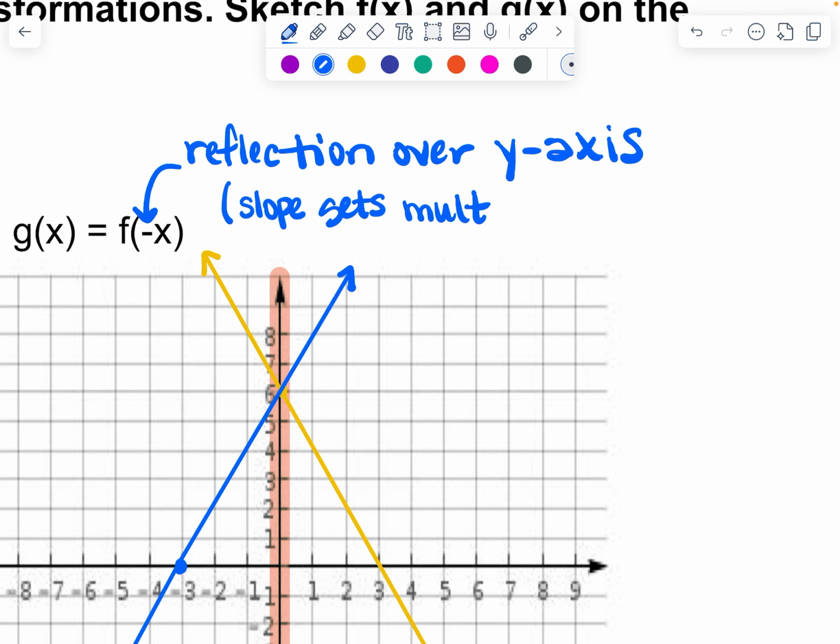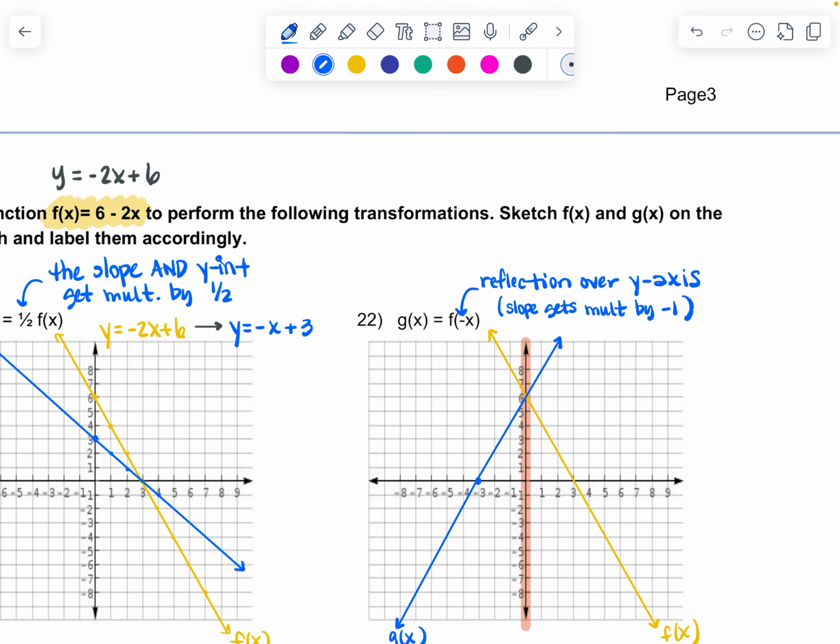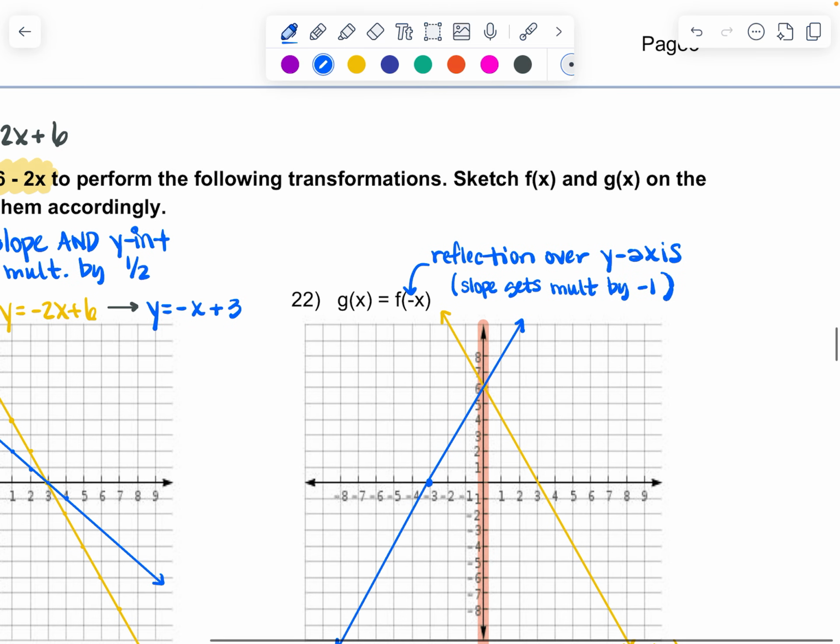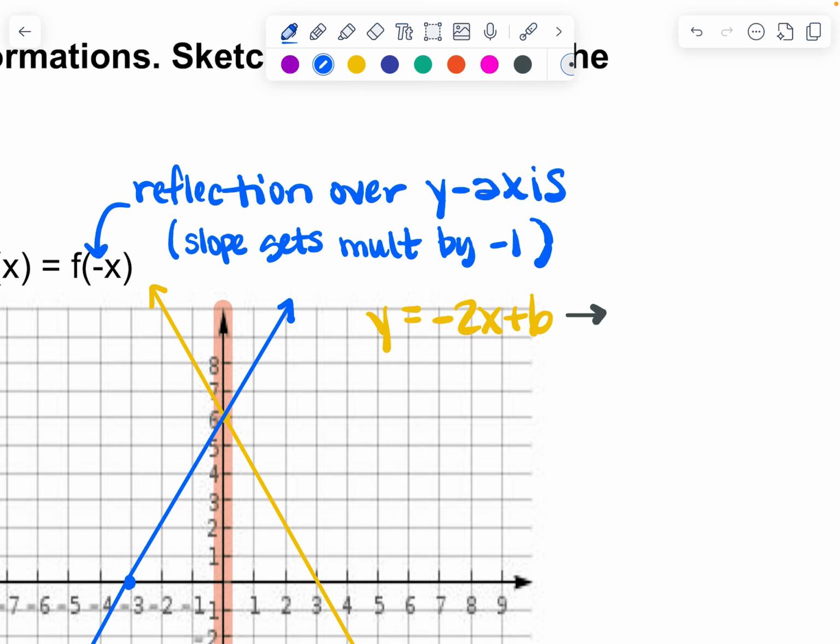So the slope gets multiplied by -1. Remember, our original equation is -2x plus 6. And so we're changing it by multiplying only the slope by a negative. Well, that's going to change it into y equals 2x plus 6, right?